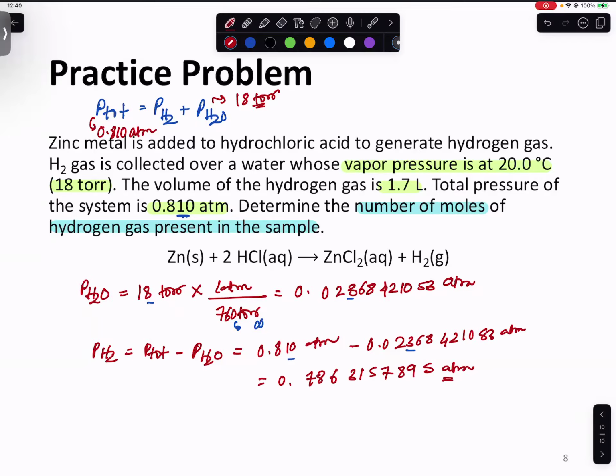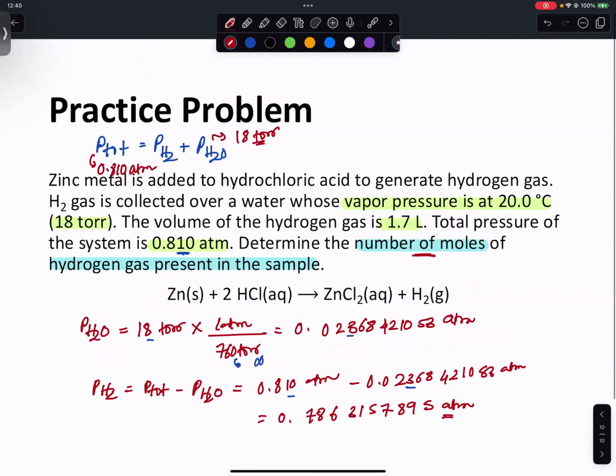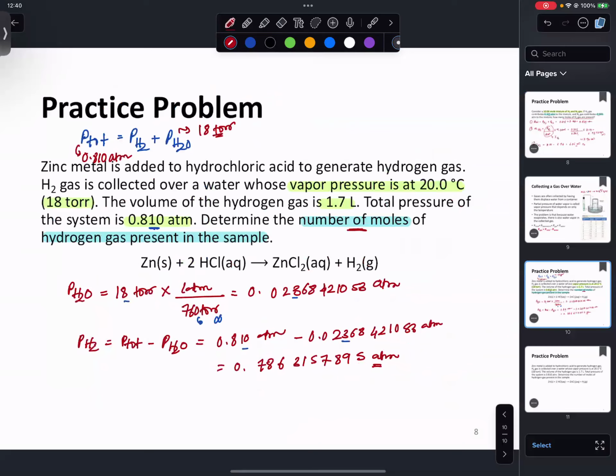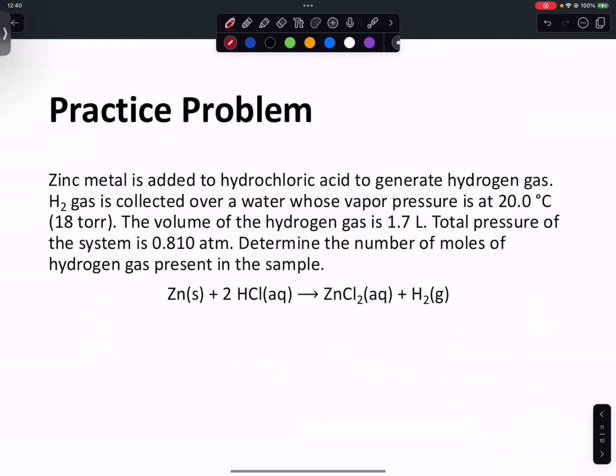Now, ultimately, I need to calculate the number of moles of hydrogen. The number of moles of hydrogen can be calculated using the ideal gas equation, which is PV equals nRT. Therefore, n equals PV over RT.